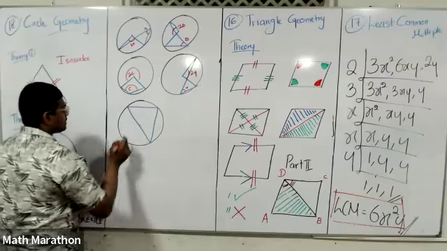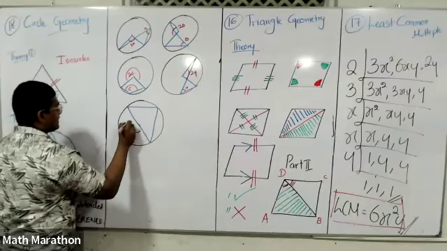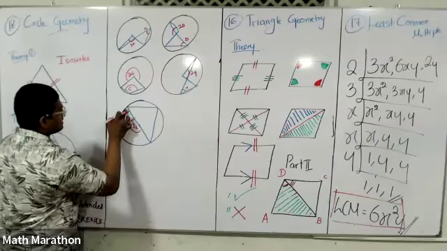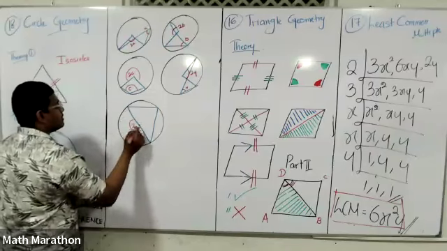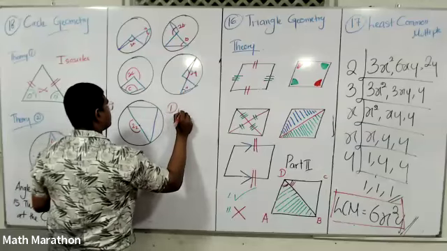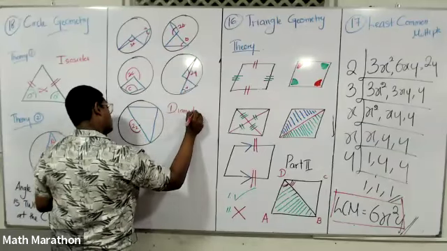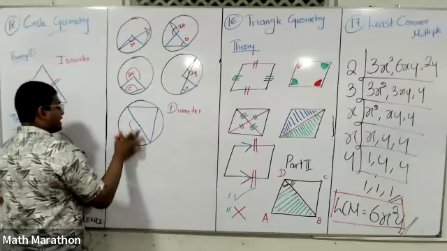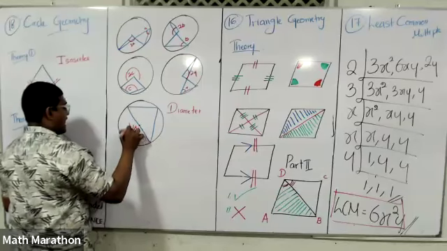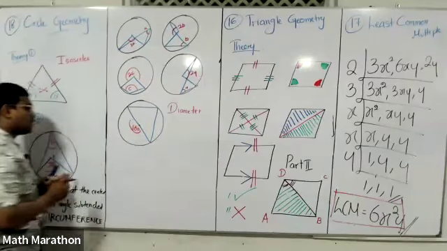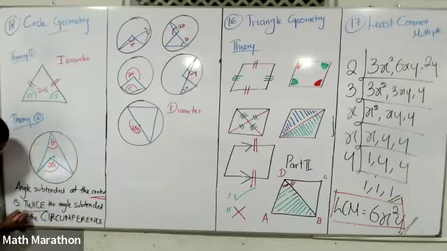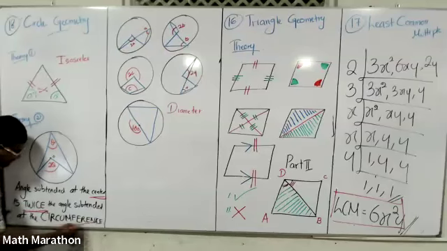Similar to that, the angle at the center, let it be 2Z. But the speciality is, this is a straight line that passes through the center. We call it a diameter. A diameter is a straight line, and in a straight line the angle is 180. What does the theorem say? The angle subtended at the center is twice the angle subtended at the circumference.